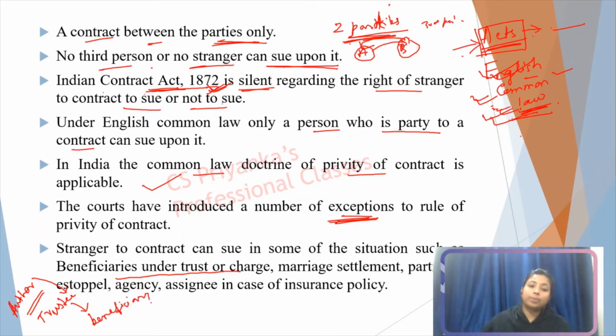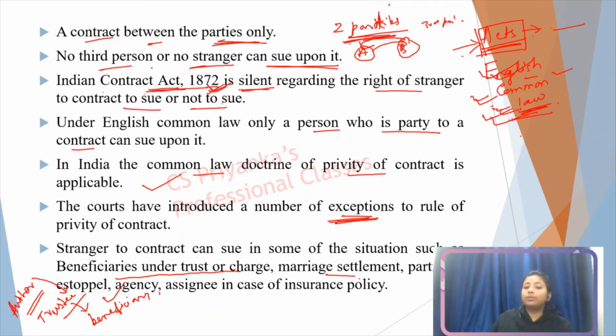So three parties are involved here. In that case it is an exception: if the trustee is doing fraud, the beneficiary has the right to file a case. So in such cases a third party can interfere.